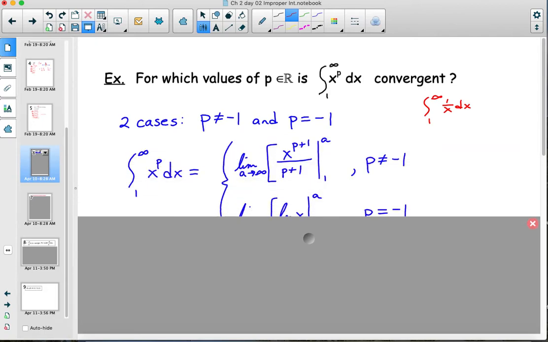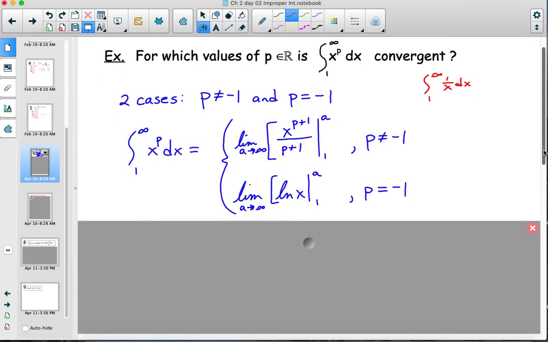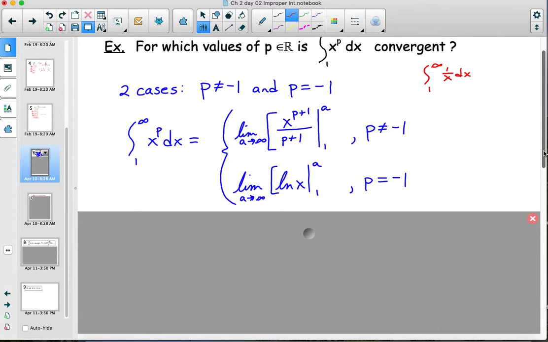So I've split this up into almost a piecewise function when I'm looking at this integral. So x to the p, what is the antiderivative of x to the p power? Well, that's going to be 1 over p plus 1 times x to the p plus 1 power.